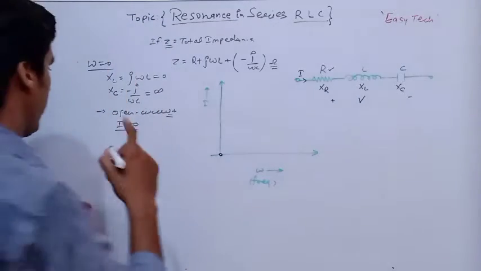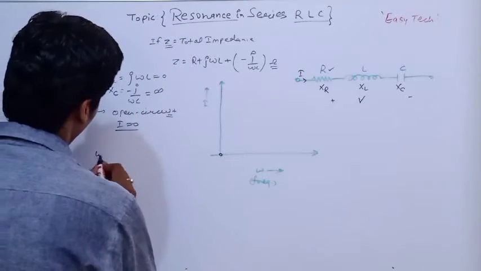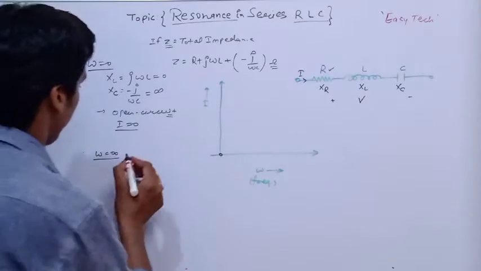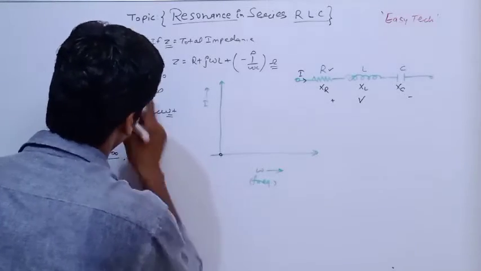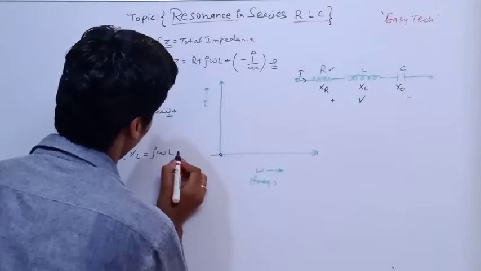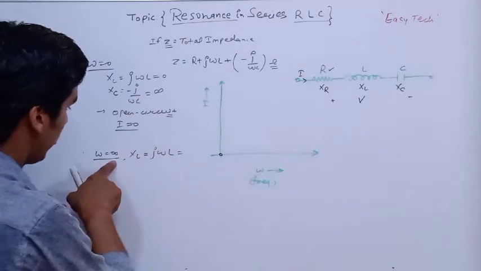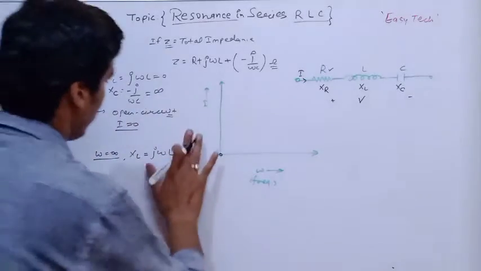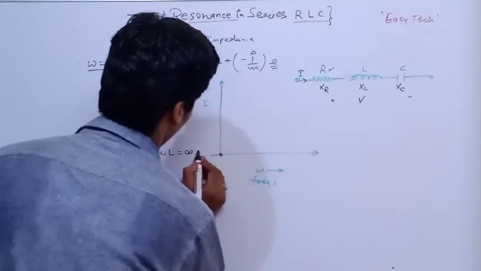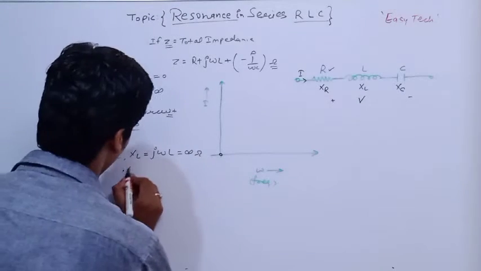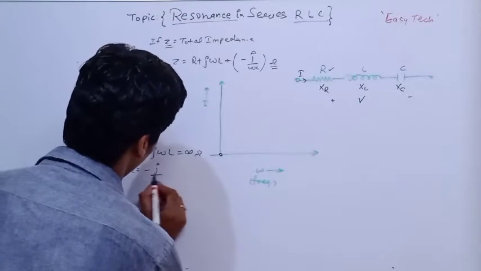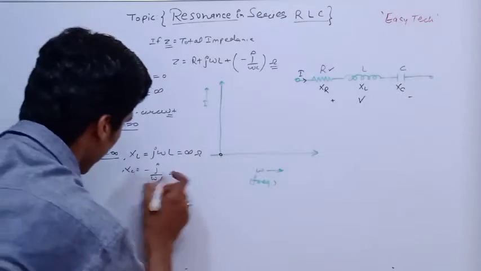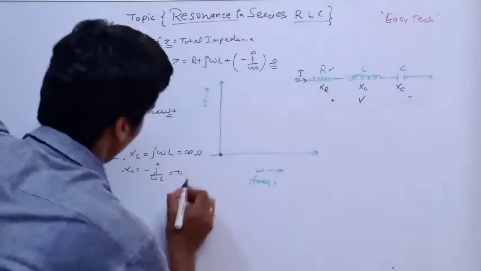Okay, what happens if we make omega equal to infinite? In that case, what should be the value of XL? It should be equivalent to j omega L, and if I put omega equal to infinite here, it will become infinite ohm, and XC is minus j upon omega C. If I put omega equal to infinite here, XC becomes 0 ohm.